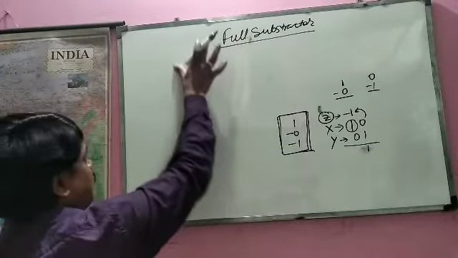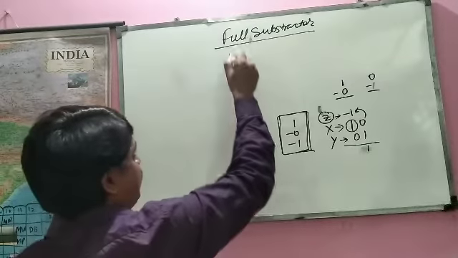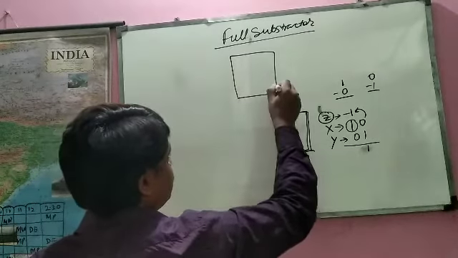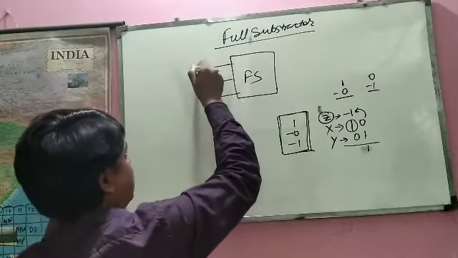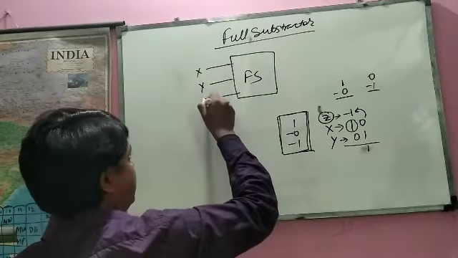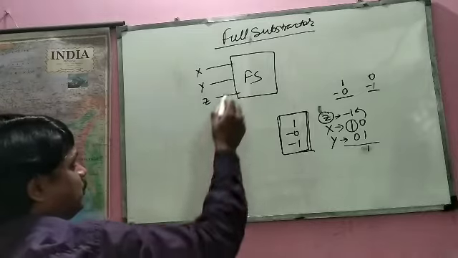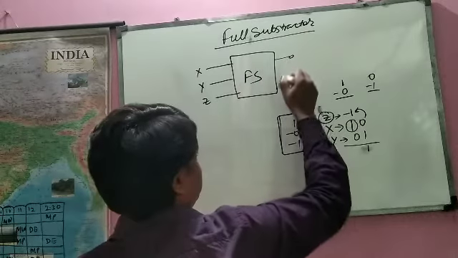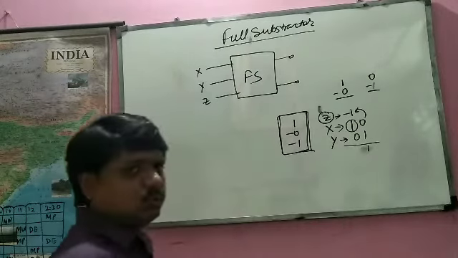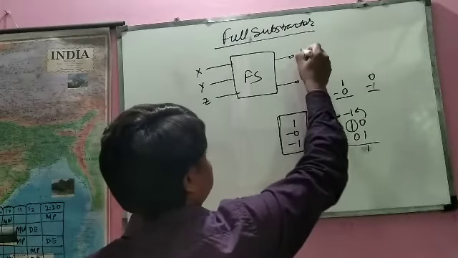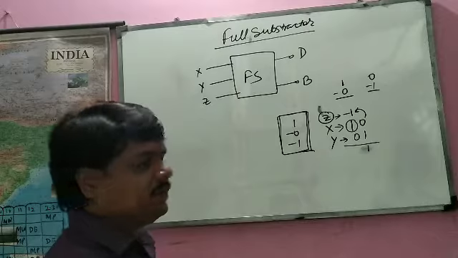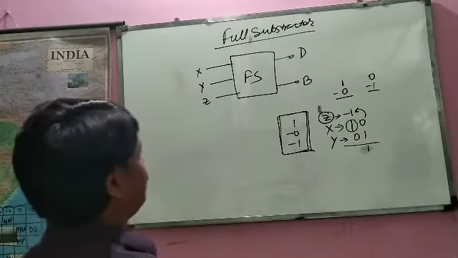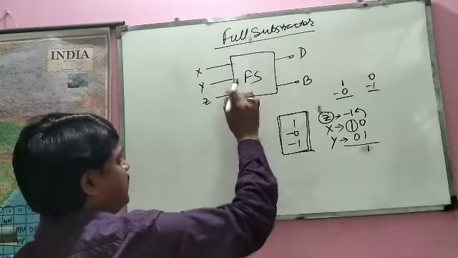If we see the block diagram of the full subtractor, there will be 3 inputs, x, y and z. And what will be the output? Output will be 2 things only: the first one is difference and another one is borrow. This is the thing we will get every time after subtraction.